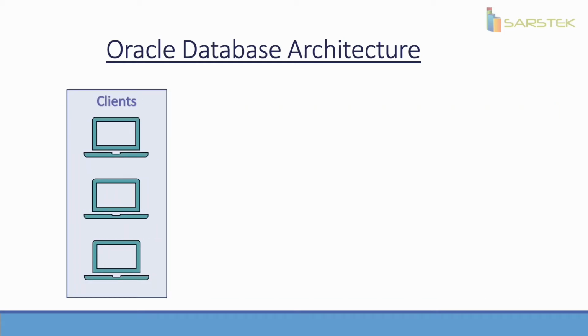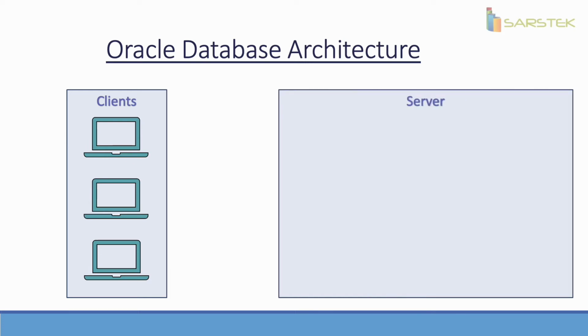So first, clients. We have different nodes in the clients. Each different node will have a different connection to the Oracle database, and each client will be sending a connection request or sending queries for their results. These requests will go to the server.